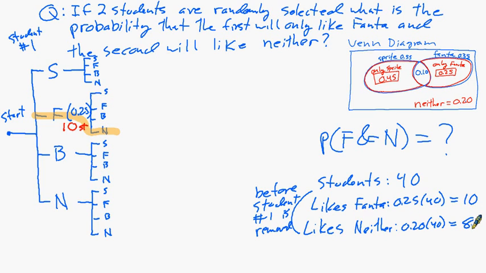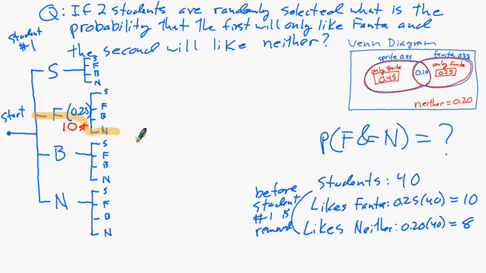10 students like Fanta, 8 students like neither, because that's 20%. All right, so out of the 40, we remove the one who likes Fanta. Is that going to change the number who likes neither? No, it's still going to be 8. But what does it change? It changes the total number of students.